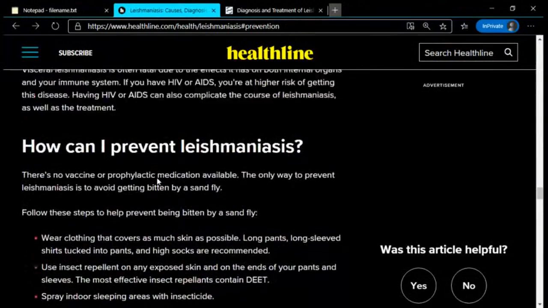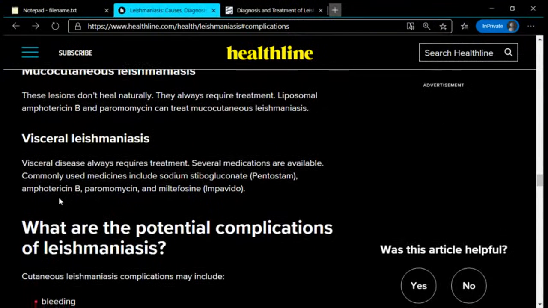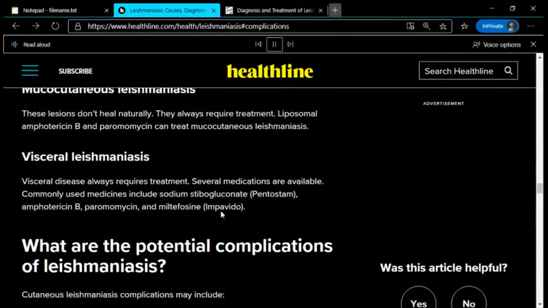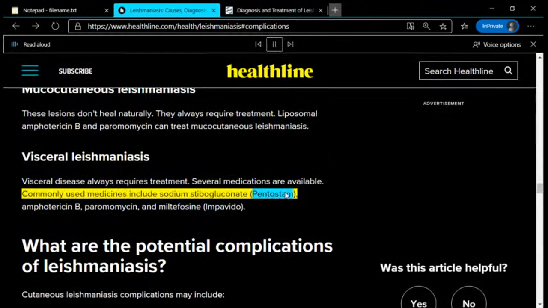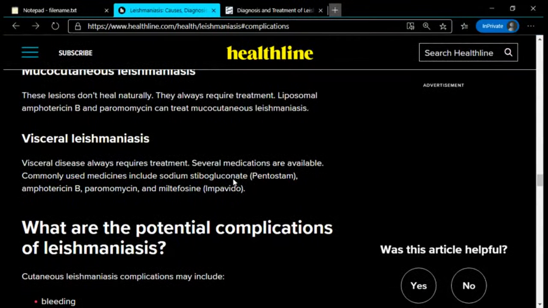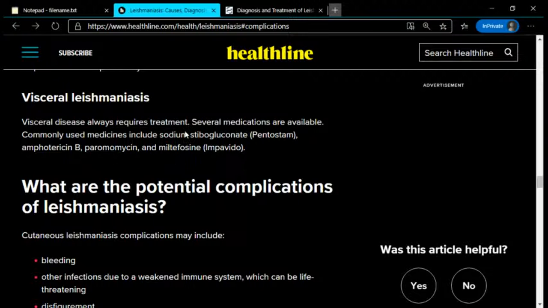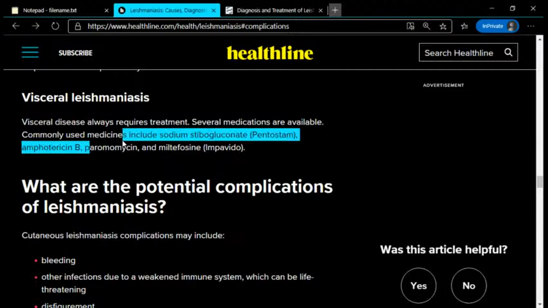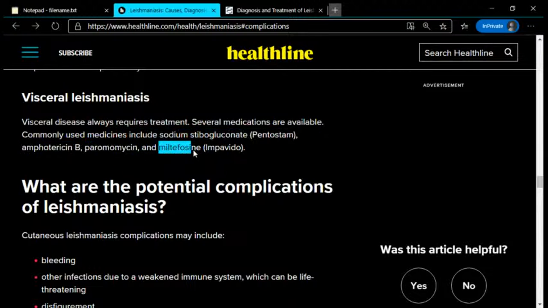As we saw in the reports, visceral leishmania disease always requires treatment. Several medications are available. Commonly used medications include sodium stibogluconate, Pentostam, amphotericin B, paromomycin, and miltefosine. Okay, just like this, something like that.